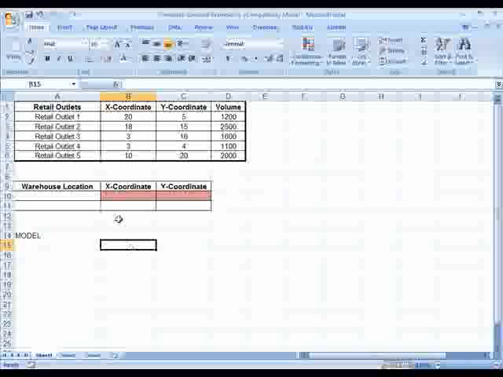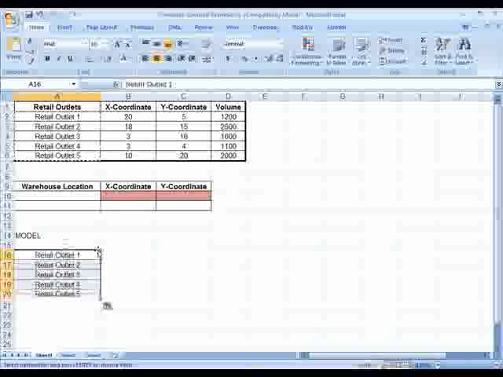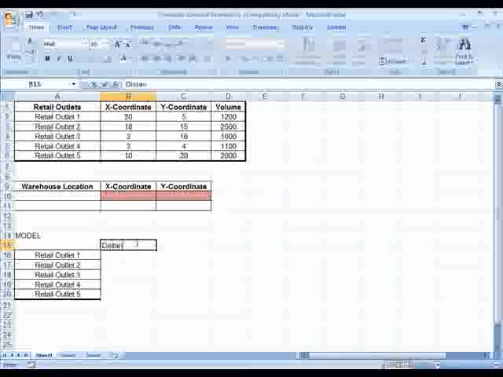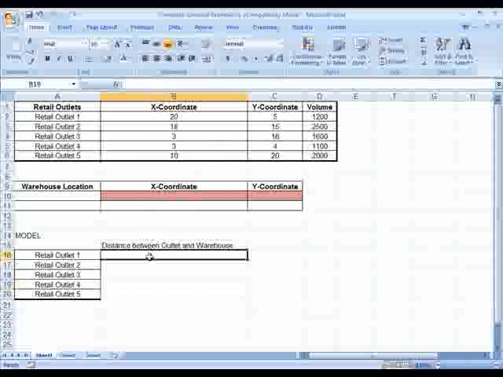So I'm just going to copy all the retail outlets into here, and the distance between outlet and warehouse is what I'm calculating here.